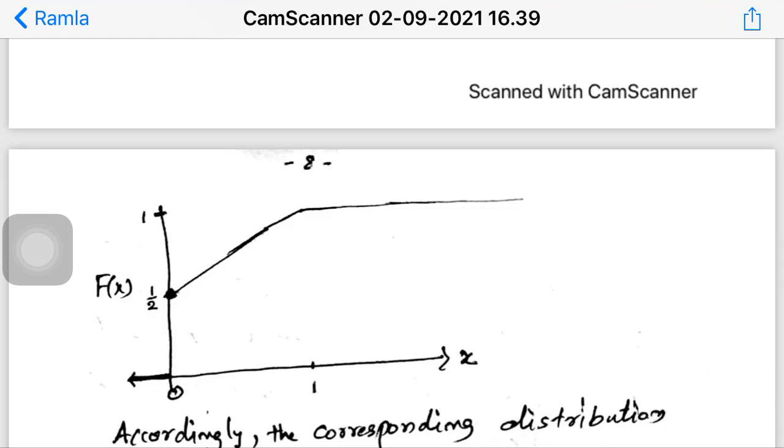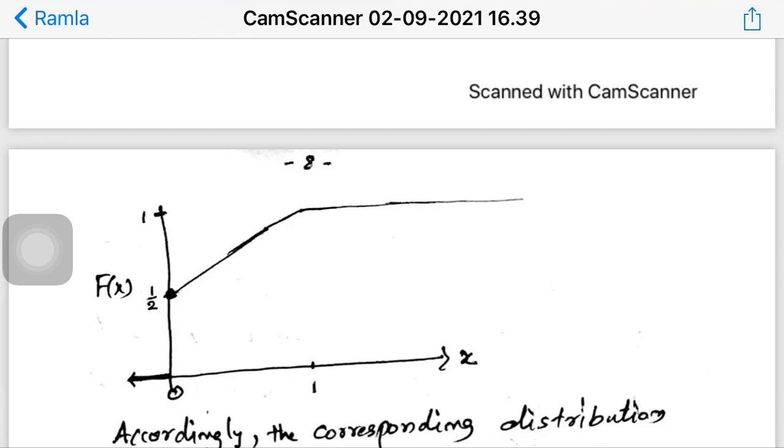So between 0 and infinity the distribution function is continuous, but at x equal to 0 it is not continuous. Therefore the corresponding distribution is not a continuous distribution and not a discrete distribution.